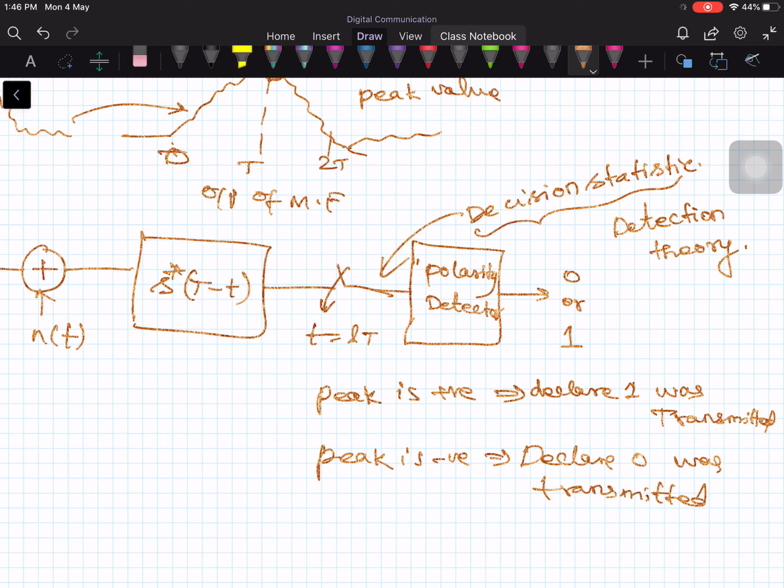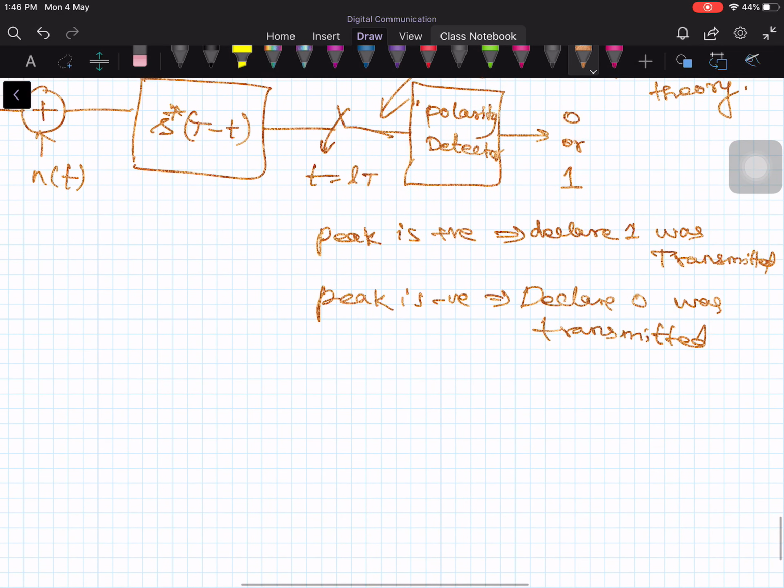The sampled values coming over here every T seconds are called decision statistics, because on the basis of the sampled value you decide whether 0 or 1 was transmitted. So broadly the scheme for antipodal demodulation is very clear now.